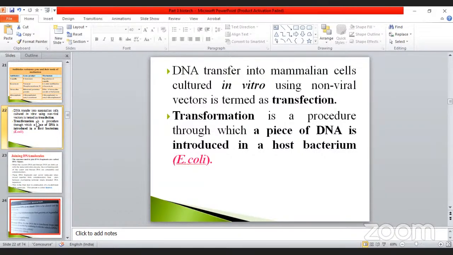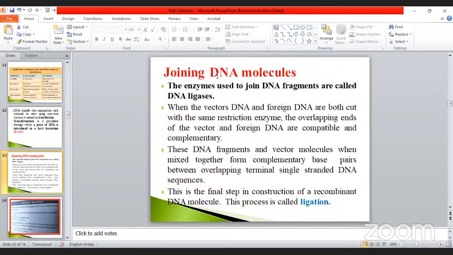These are very, very important; many times they ask questions on transfection. Transformation we already know: the gene is transferred from one organism to another organism. That process is called transformation. Mostly they use E. coli. Okay, go to the next one.